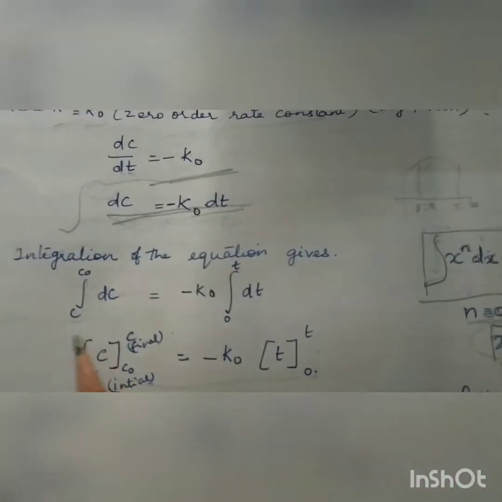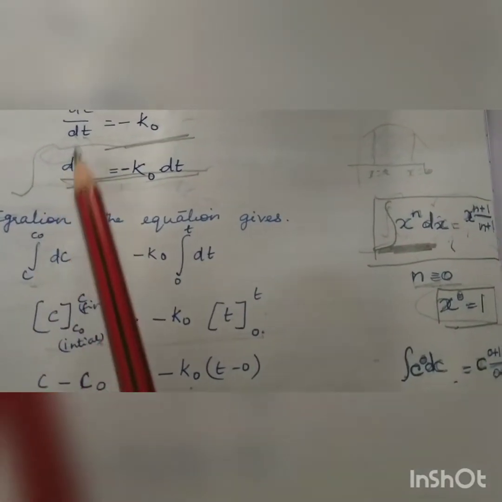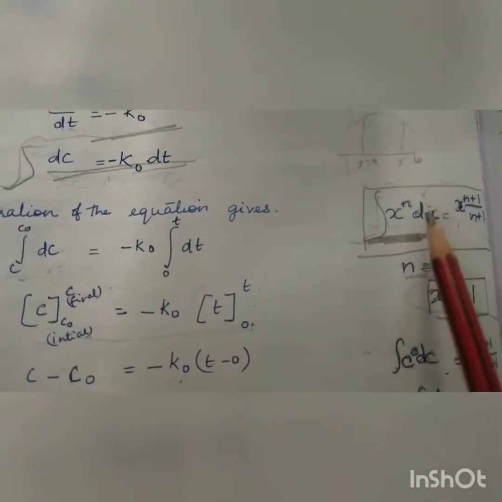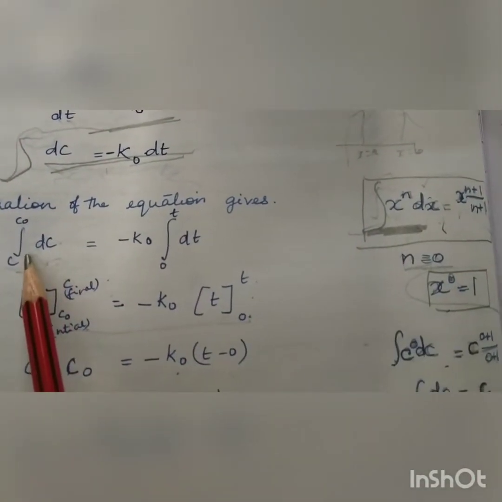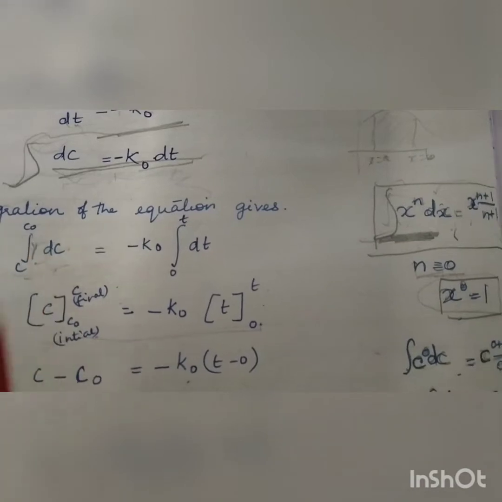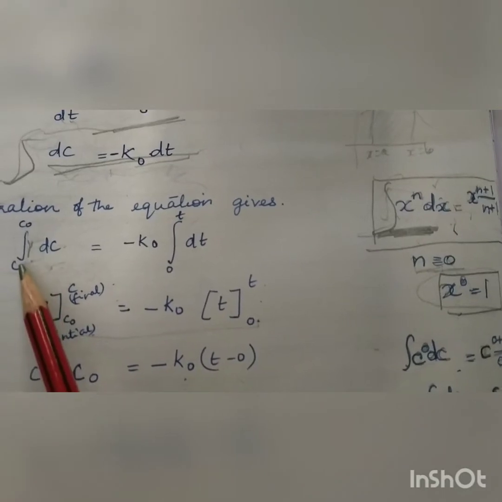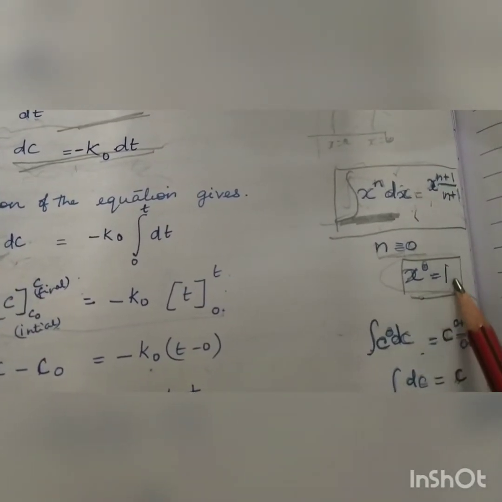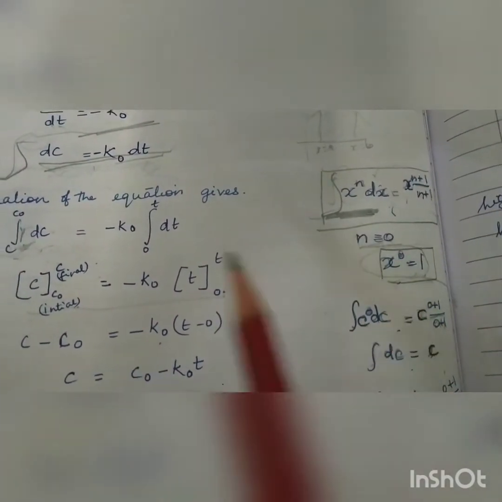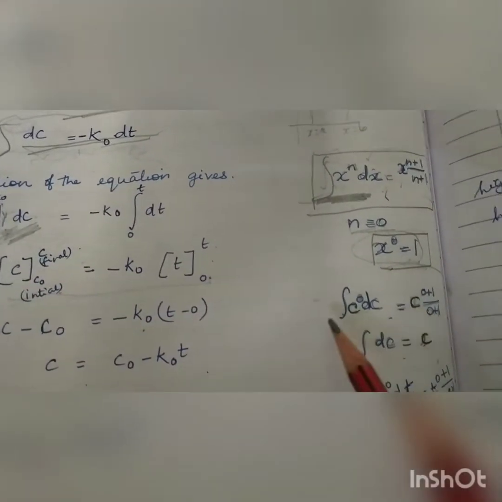If we look at this pattern and this pattern, they seem to be the same, but only the x^n is missing. If you put 1 here, it will be the same value. So instead of putting 1 here, we are going to use this, because x to the power 0 is equal to 1. Now this integration can be written like this.